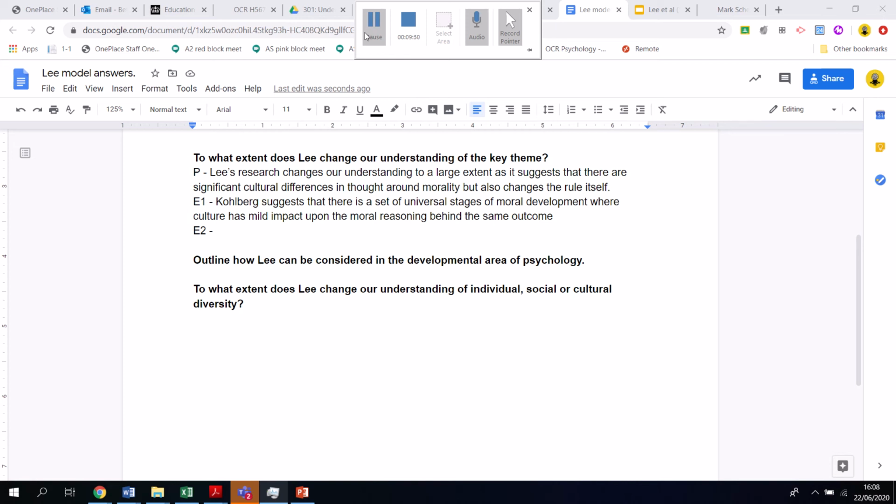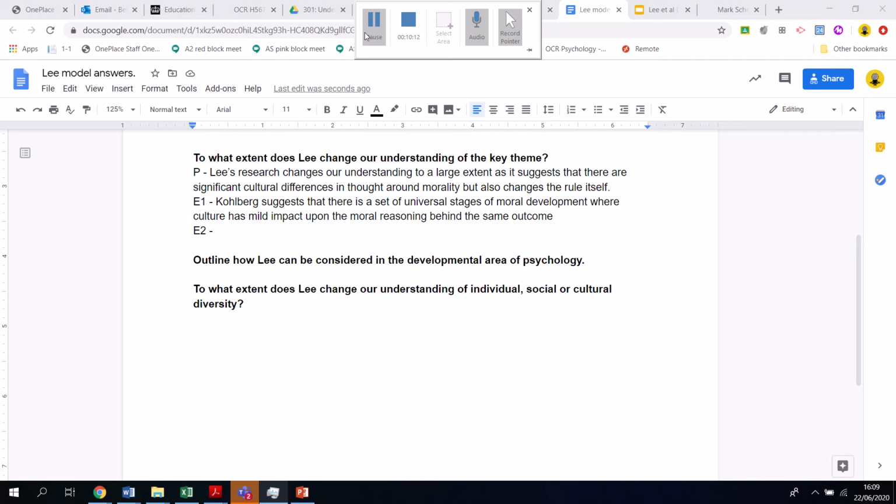So, for example, in stage 2, the Taiwanese boys, talking about the theft of food, said that it would be acceptable for the man to steal food to feed his wife, because if she was to die, he would have to pay for a funeral, and he probably couldn't afford to pay for a funeral.